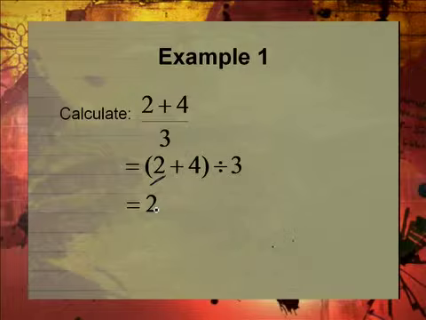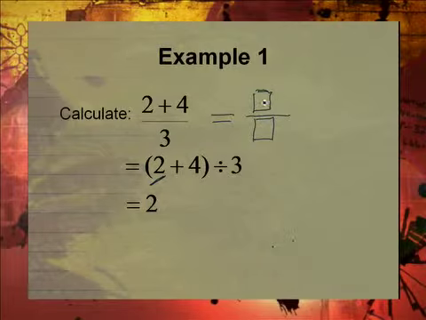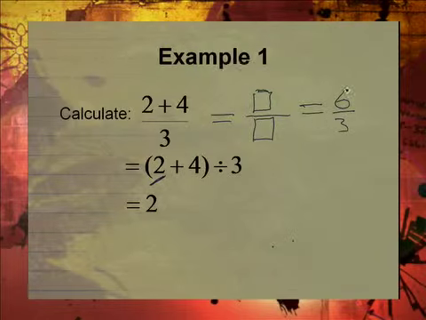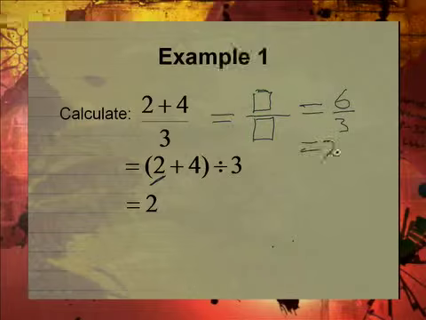Or, on your calculators, guys, you have this button here. If your calculator has this button, you can set it, and inside this box you write 2 plus 4, you tab it, and then here you write 3. Then you get the answer. But write the individual answers. Here you'll have 6, then underneath you'll have 3. Then your answer will come up as 2. You can use this or brackets like this. Cool.